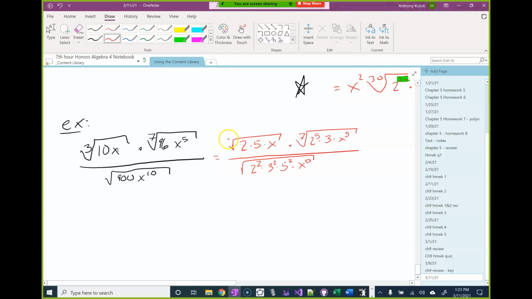Oops. Forgot to write that 3 there on the first radical. So far, so good. Again, all I did was a prime factorization there. I did it mostly in my head. I double checked on my calculator, but if you need to write out the factoring tree on those, no big deal, right? It is time consuming.